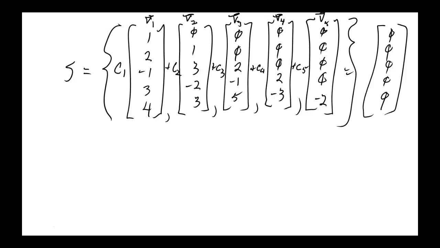Because if any of them is not 0, then you can write that one as a linear combination of the others. We know the first one's going to have to be 0, exactly, because 1 has to be 0.